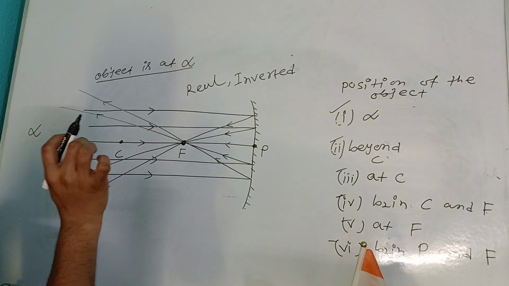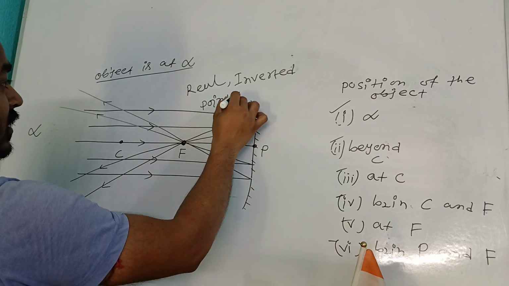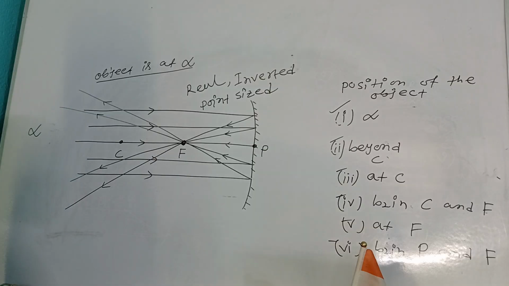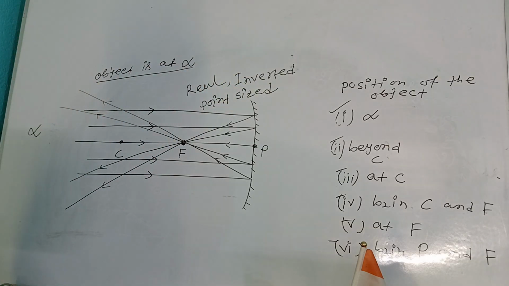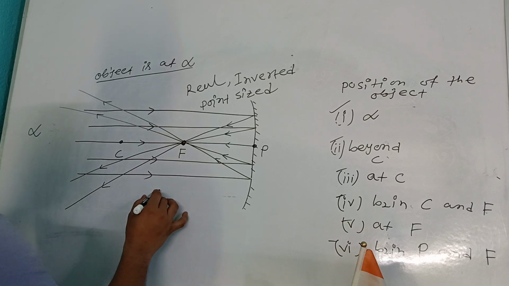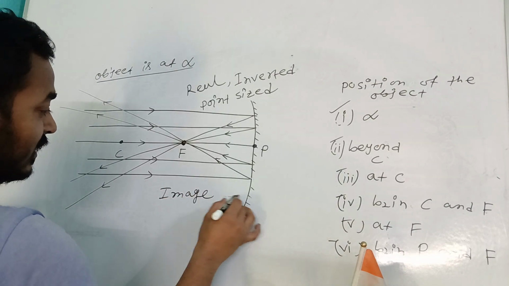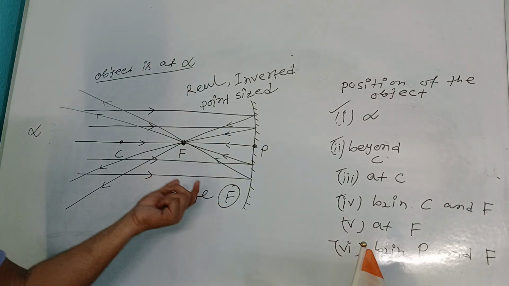Achha, then you can see real, inverted, and here they are meeting at a point, so you can write point size image. So it is real, inverted and point sized. What is the position of the image? It will form at f.